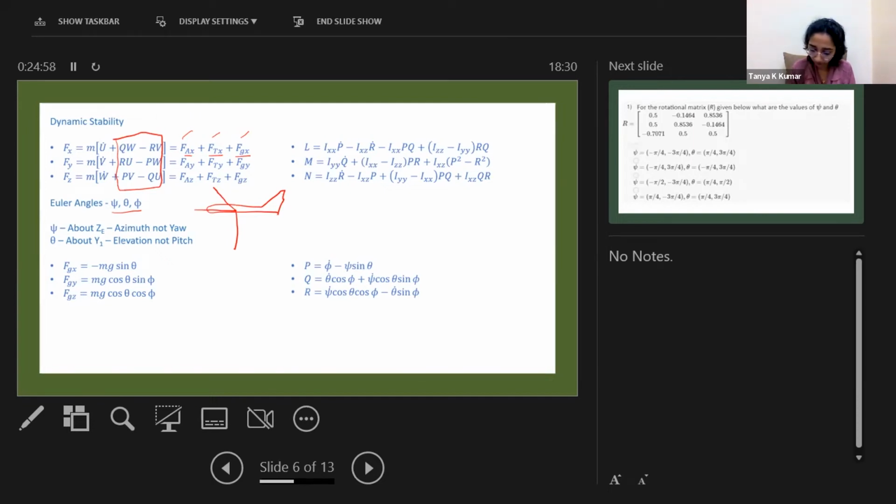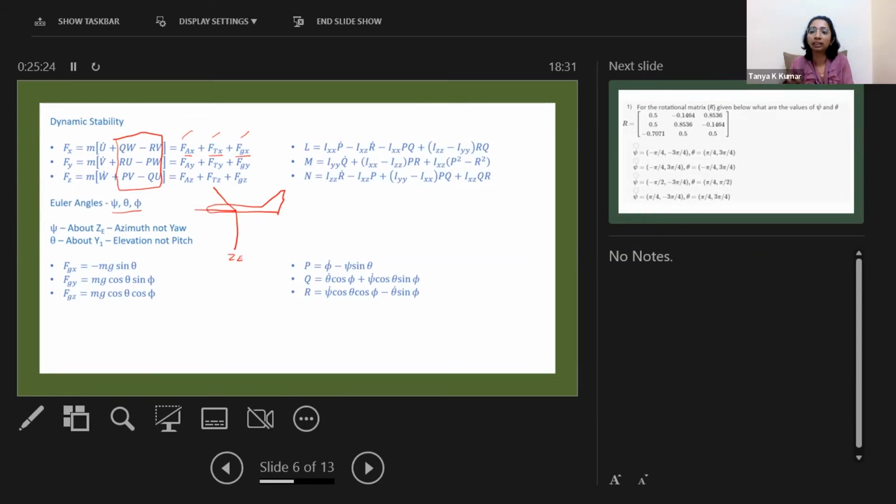Similarly, theta is the elevation angle and not the pitch. Pitch is about the body y-axis, but this is about y1. What is y1? Initially you have your aircraft in this orientation. This is ZE, and you rotate it about ZE through xi degrees. Xi is the angle through which you rotate the aircraft.